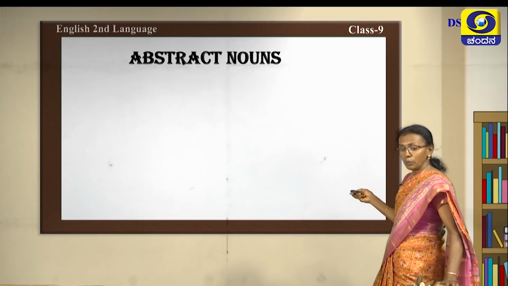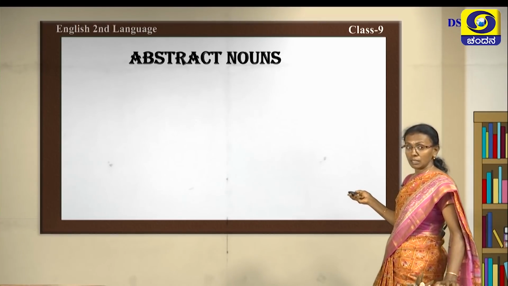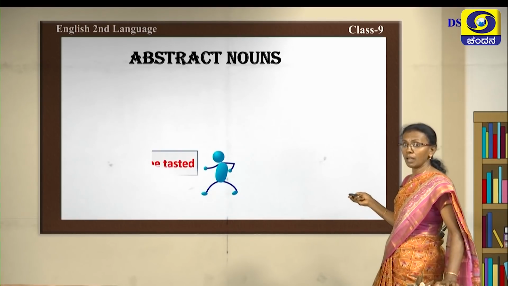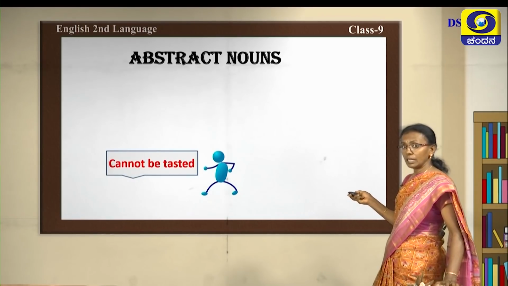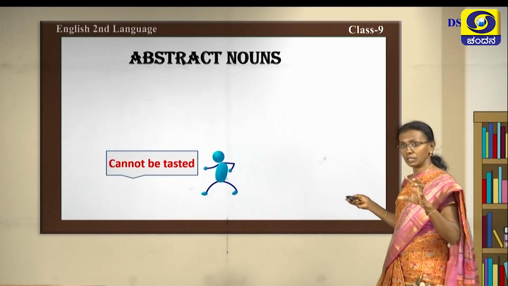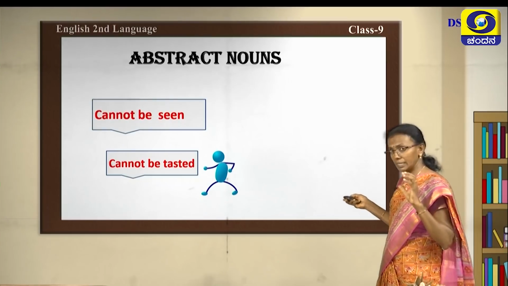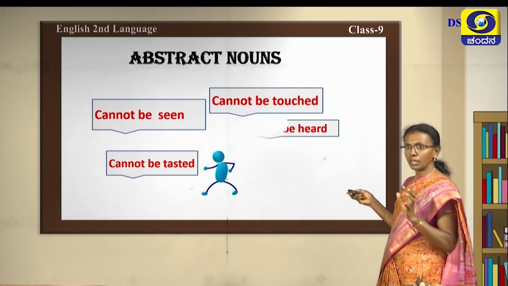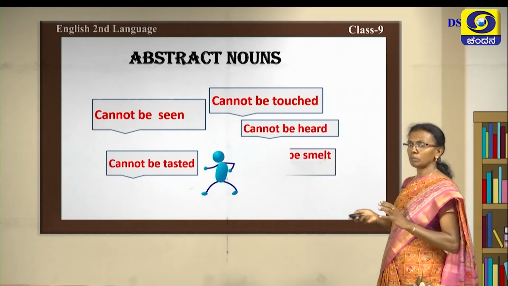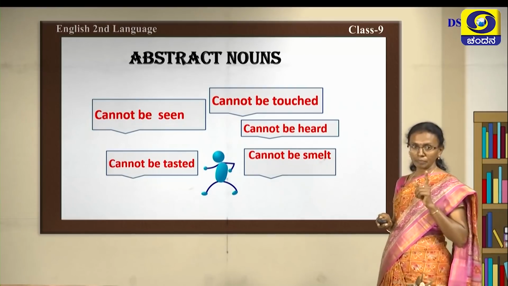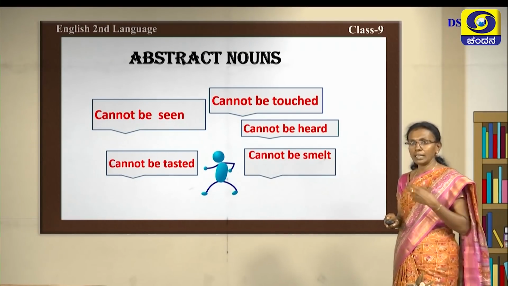Now what are these things? You need to understand that these are nothing but abstract. Abstract things cannot be tasted, and cannot be seen, and cannot be touched, and cannot be heard, and cannot be smelt, but can only be felt.